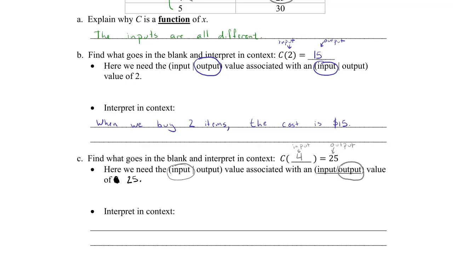So when the cost is $25, for a cost of $25, what happened? We bought 4 items. We could also phrase that the same way that we phrased the previous. We could also say, when we buy 4 items, the cost is $25. But since the question we were asked was a question about 25, it makes sense to make that the subject of the sentence.